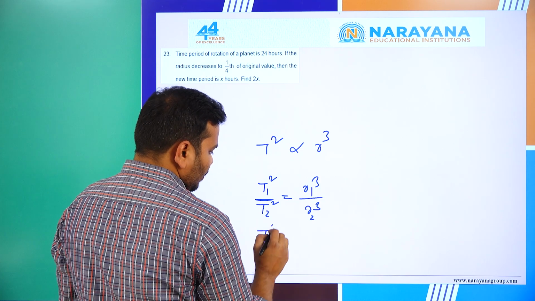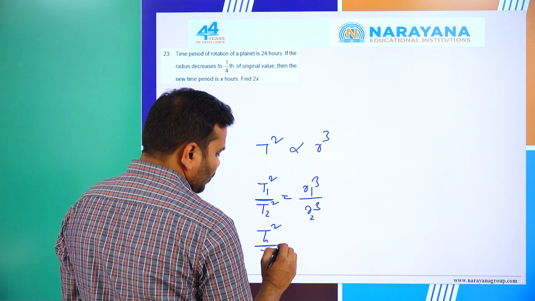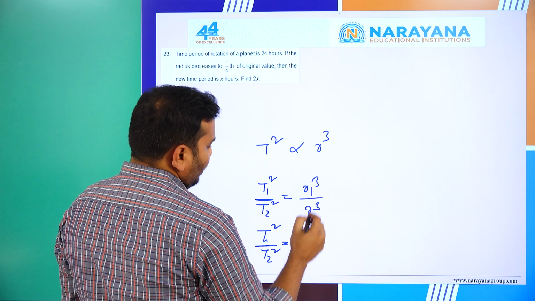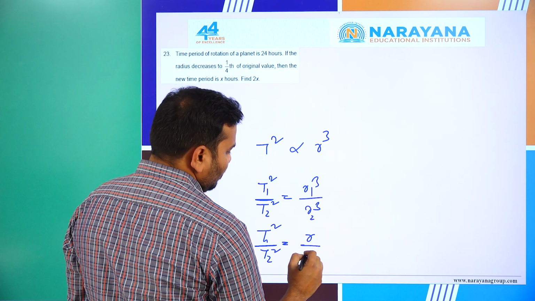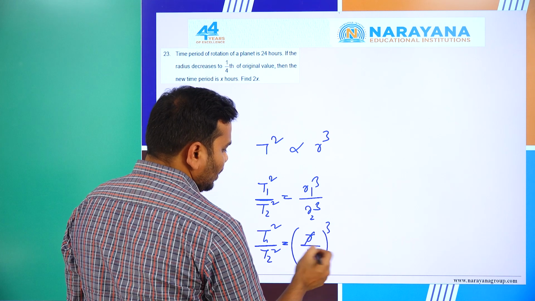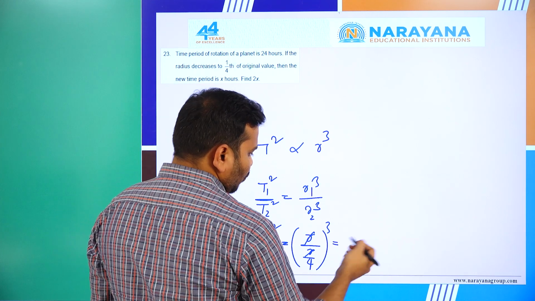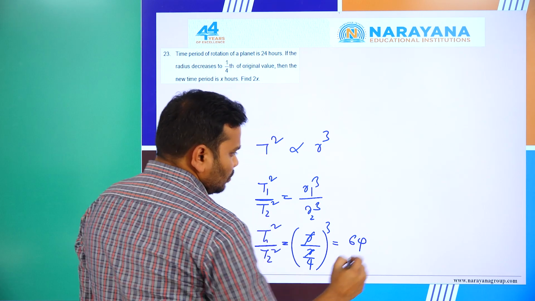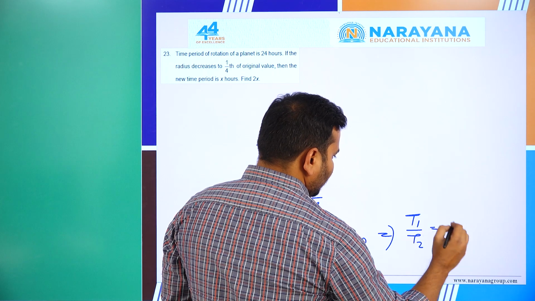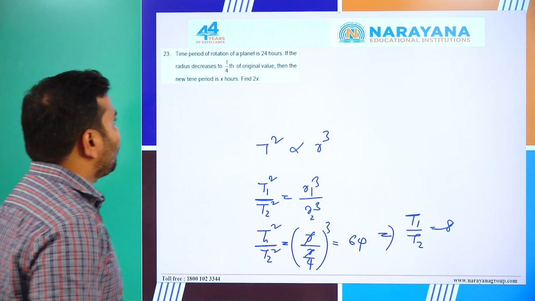So T1 square by T2 square, here I can write R1 is R, and R2 will be R by 4, whole cube. This will become 4 cube, which is 64. So this implies T1 by T2 is equal to 8, fine.